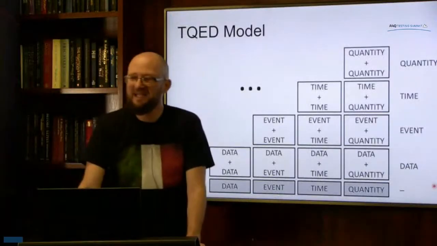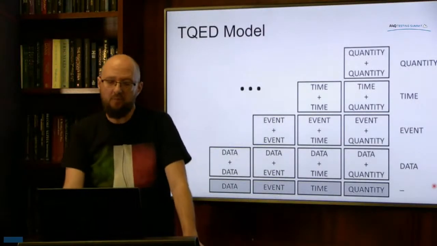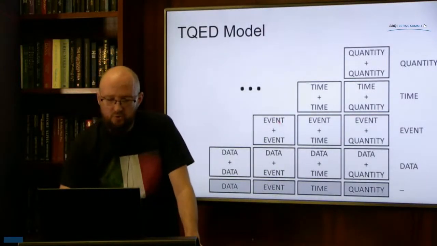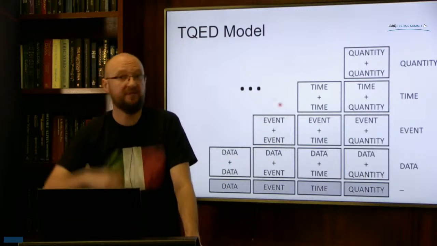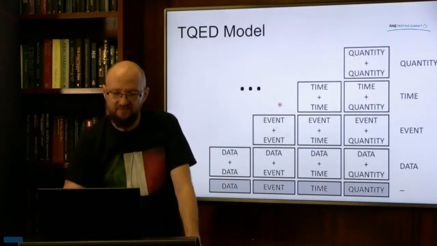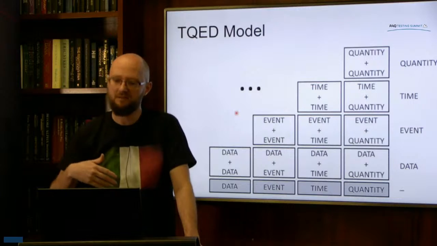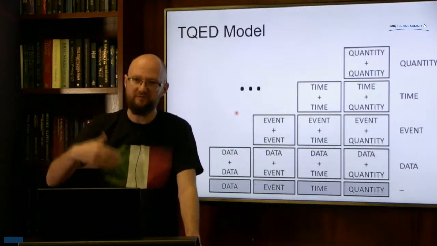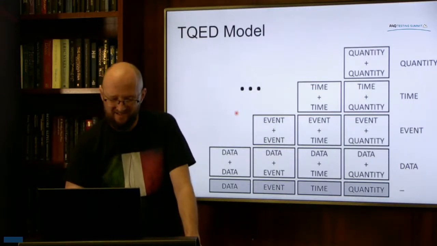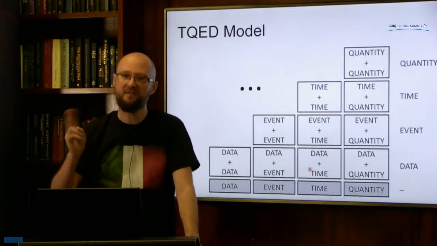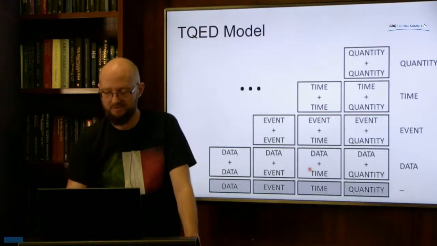For example, some phenomenon can be considered as a combination of two events, or three events or four events. These three dots here mean that we can go with more and more combinations. So this diagram shows only basic characteristics and also only two combinations of each dimension.